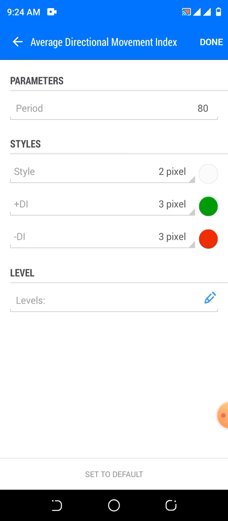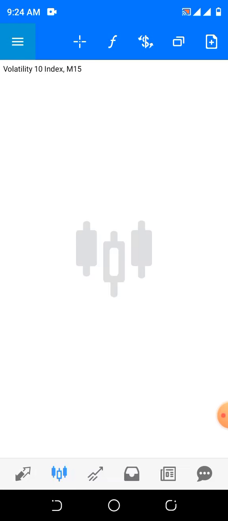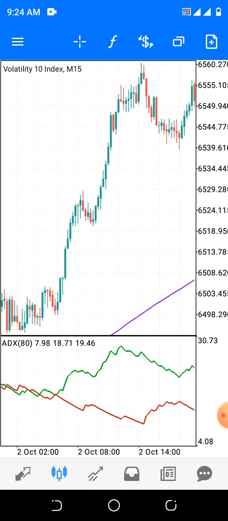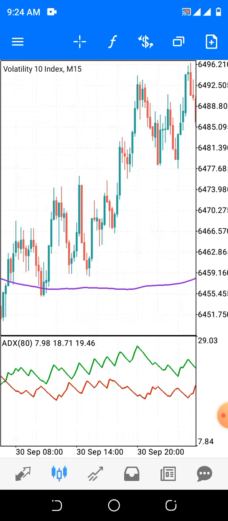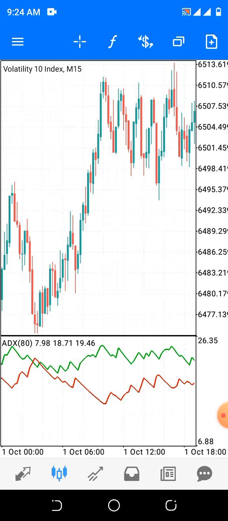For the style, choose the color of the screen background for the main line, plus DI is the green color, minus DI is the red color. So this is all you need to make it huge in this particular market using this strategy.